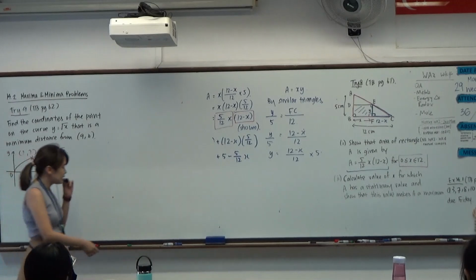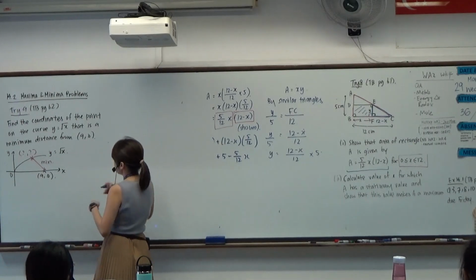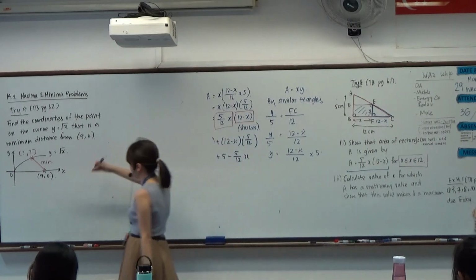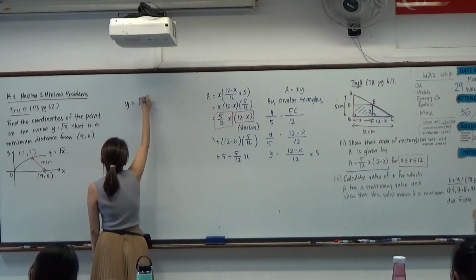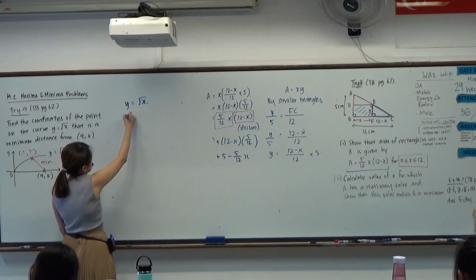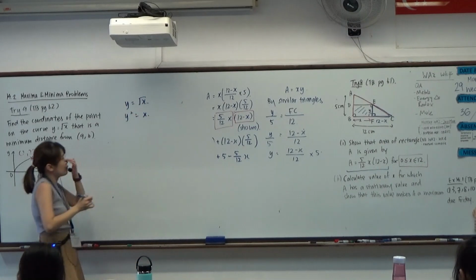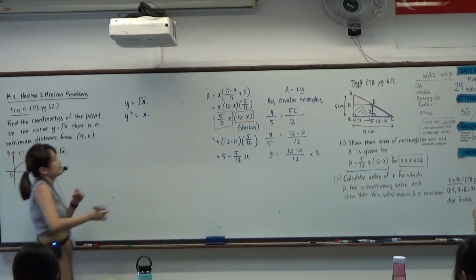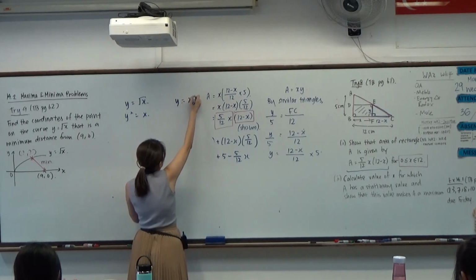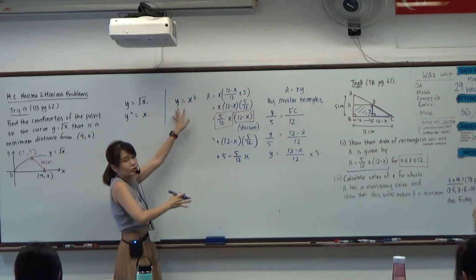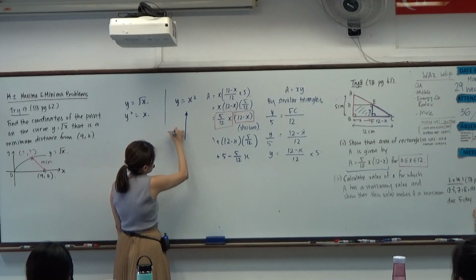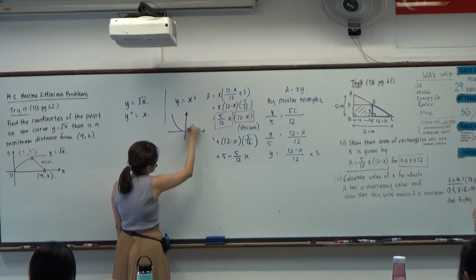But maybe for your understanding, how I come to this shape is that we think about y equals square root x as the same thing as y squared equals x. We know the shape of y equals x squared, these are two different things. We know the shape of y equals x squared, and it is a simple quadratic curve that's like that.